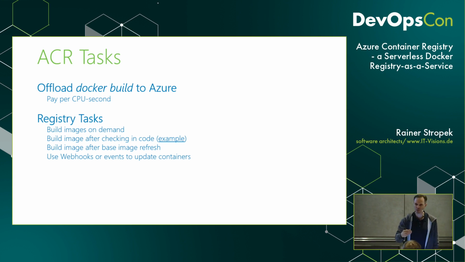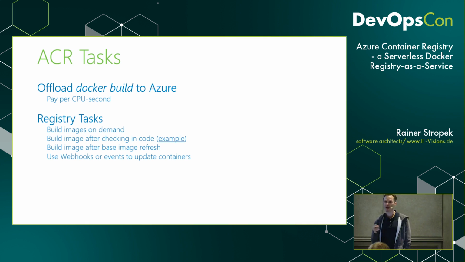It will automatically trigger the build of all dependent images and so on and so on. And it will push the new images into your registry. Then it will send you a webhook, and you can, for instance, then take the webhook and deploy your application into your Kubernetes cluster if you want. And then you have a nice integrated way of working without you having to do anything. All is done by Azure Container Registry.